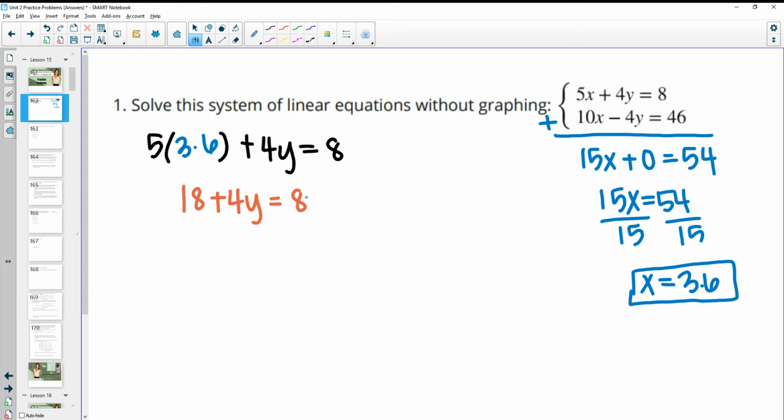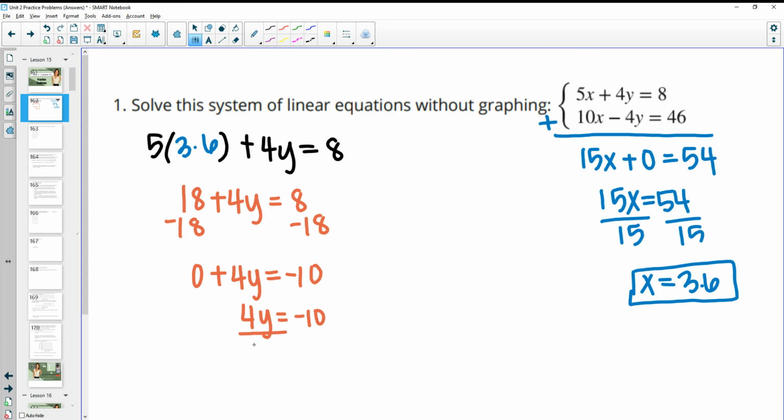18 and 8 are like terms, but they're on different sides of the equation. So we're going to need to subtract 18 from both sides, because 18 minus 18 is 0 plus 4y. And then 8 minus 18 is -10. And we know that 0 plus 4y is just 4y.